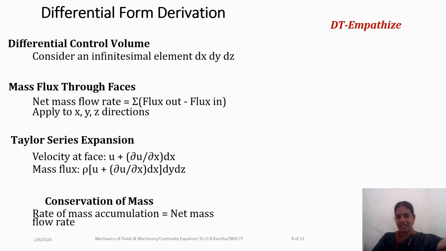Okay. So the inlet mass will not be equal to the outlet mass. The net mass will be the summation of the differences between the outlet and the inlet mass, applied in all directions. Here also we are using the conservation of mass.